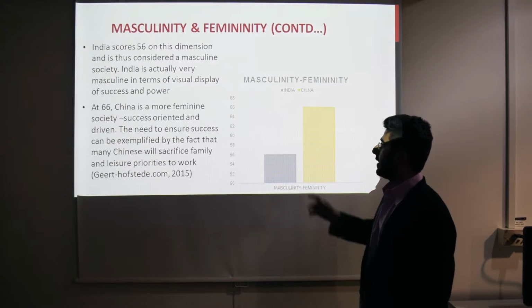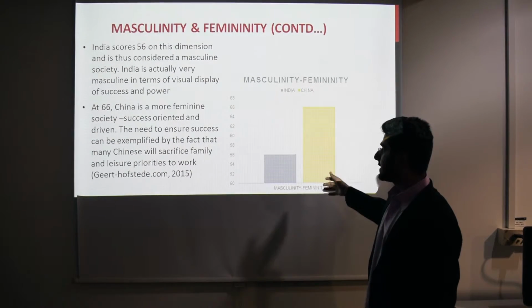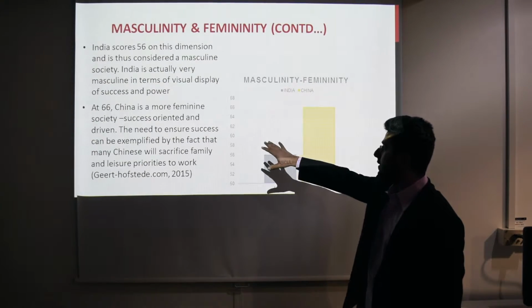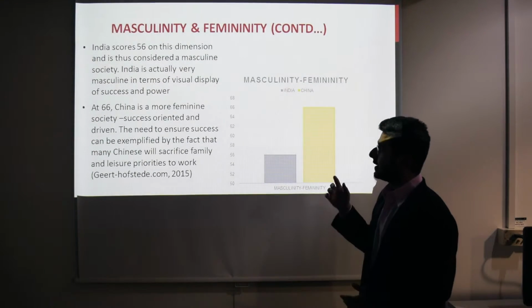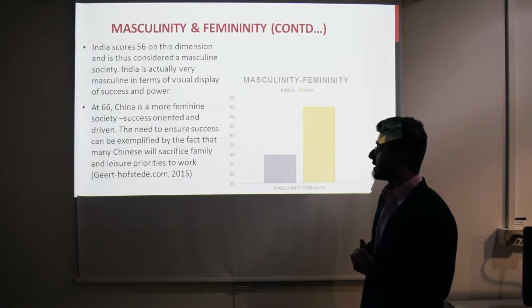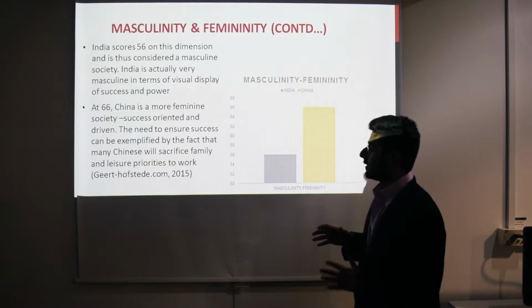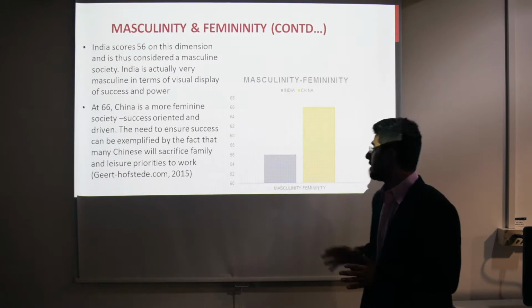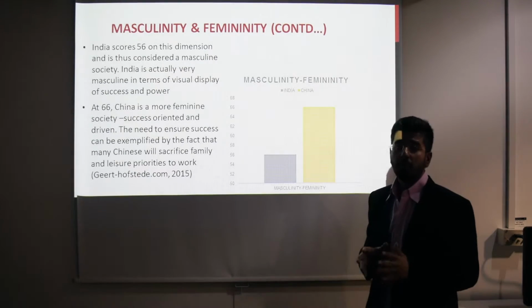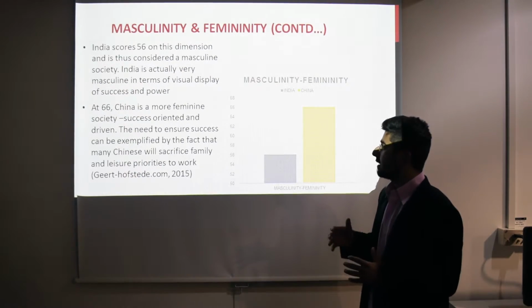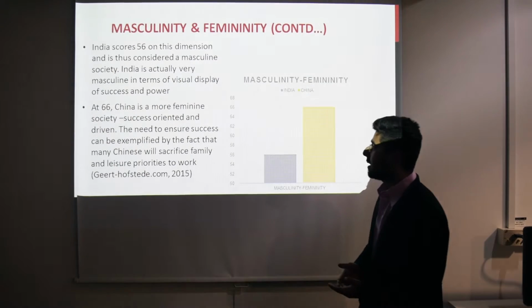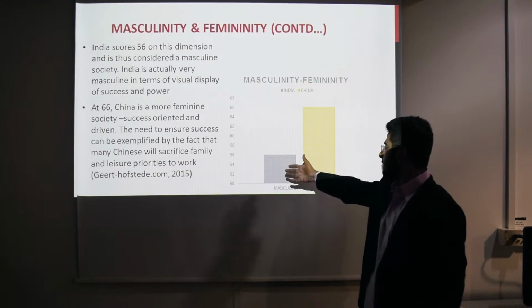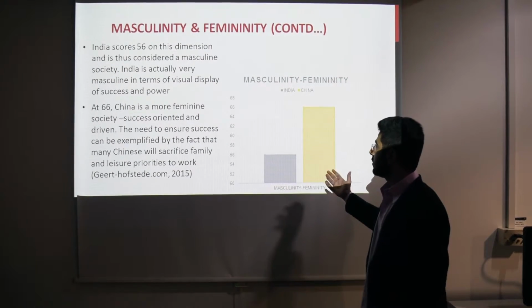The score of 66 tells us that it is a feminine society, and thus we can predict that in China we have a more female dominating society as compared to India, but yes, when it comes to the overall scenario as well.